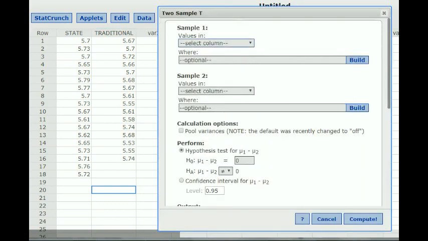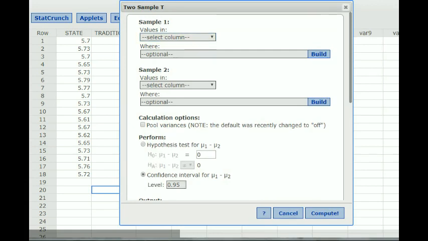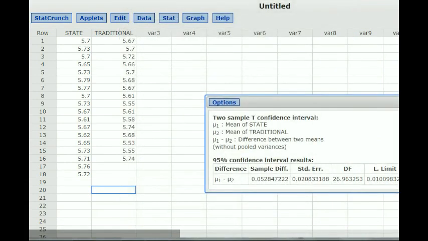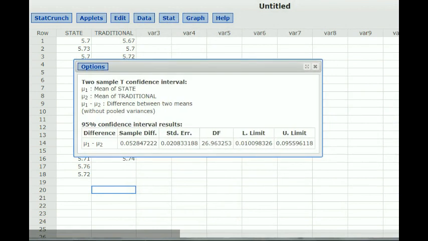Just this time we're going to click confidence interval 95. Again, we select our columns here and we run it and we compute it, and there we have our confidence interval with data.